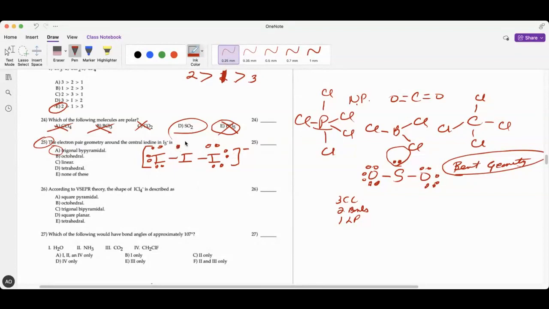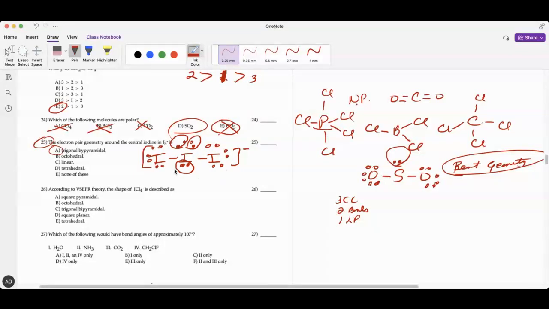So we put 2, 4, 6 electrons on the iodine. So the central iodine has 1, 2, 3, 4, 5 charge clouds.